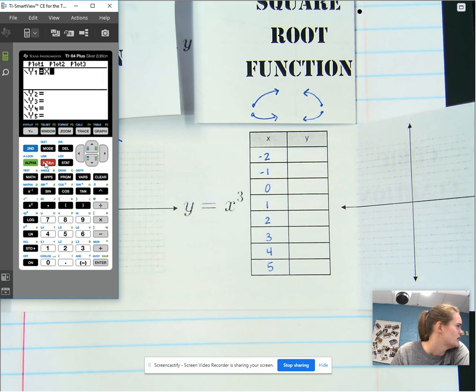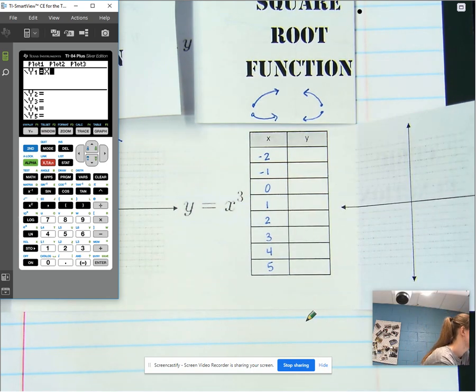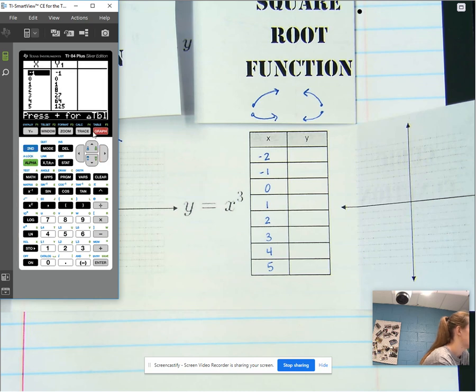We have x. All right, we can't press squared this time, so what we have to do is press the little caret key here underneath the clear. So this button right here. And then we're going to put in a 3, okay? Then we need to go over, just so we're not up there, and press second and graph.